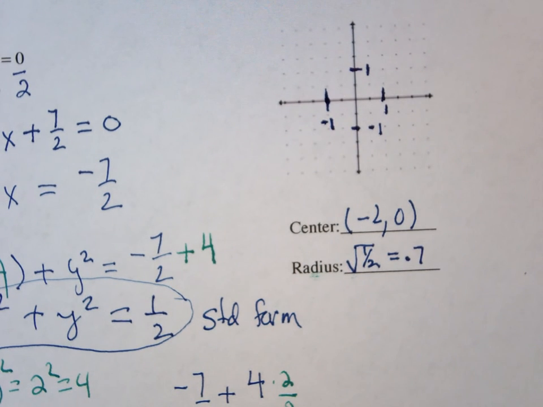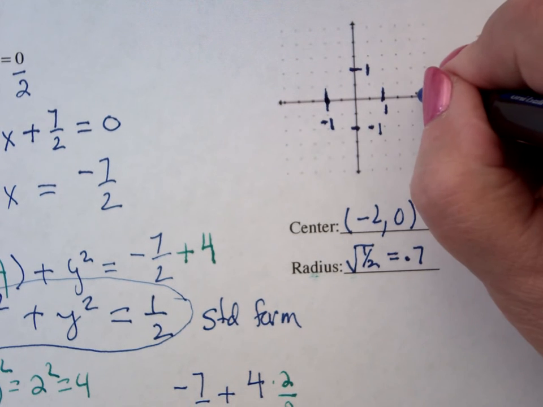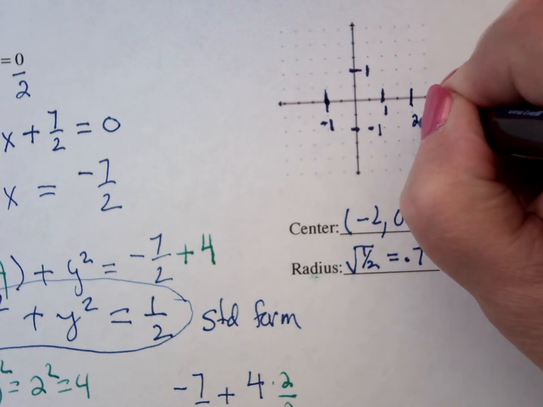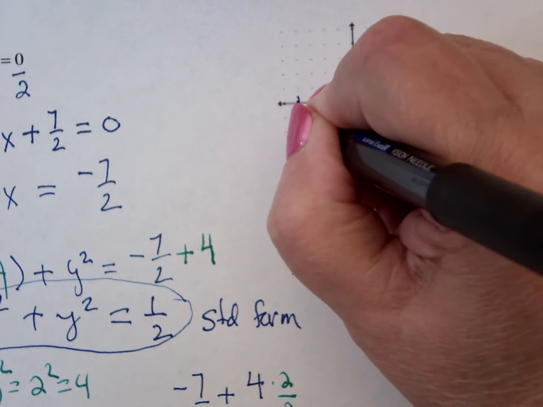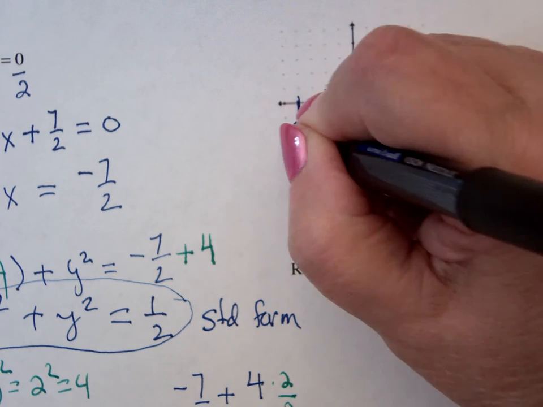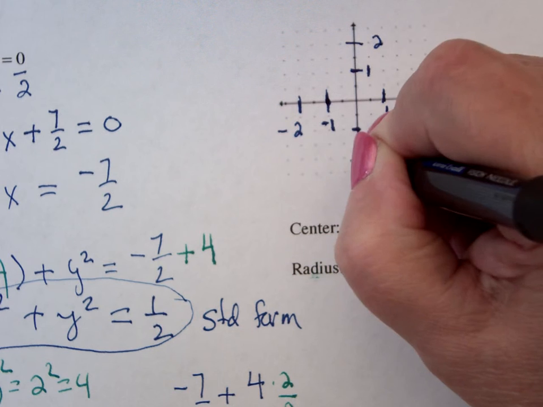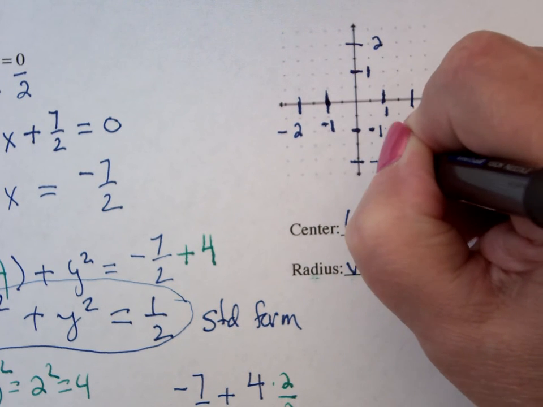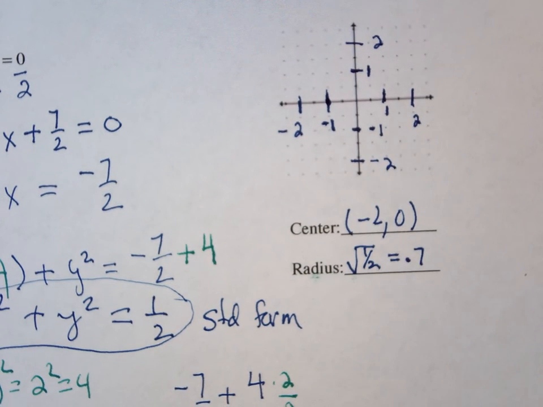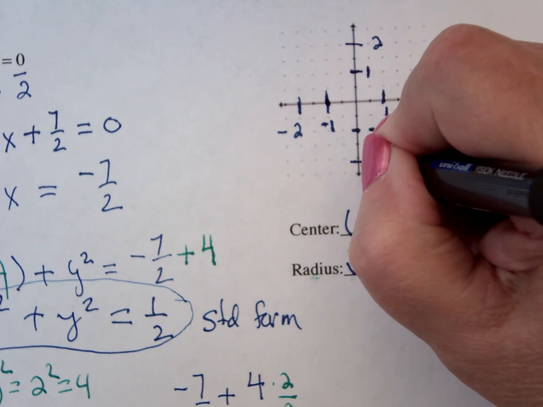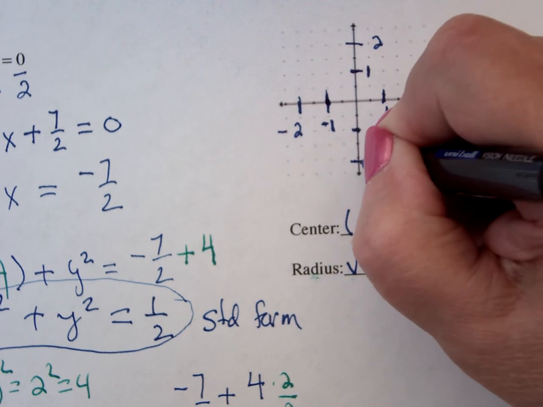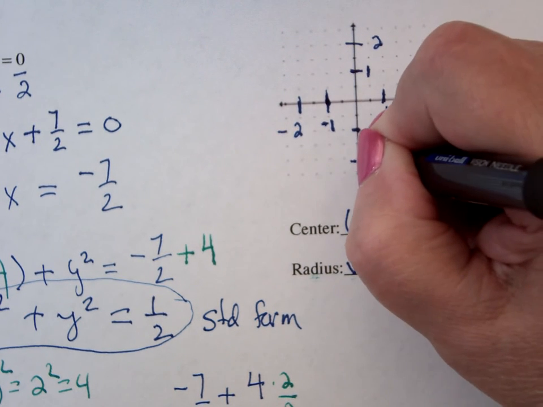Otherwise, I've got something which is itty-bitty, which then makes this 2. Or you can leave it at ones. So negative 2, 0. Boy, I just screwed myself up, didn't I?